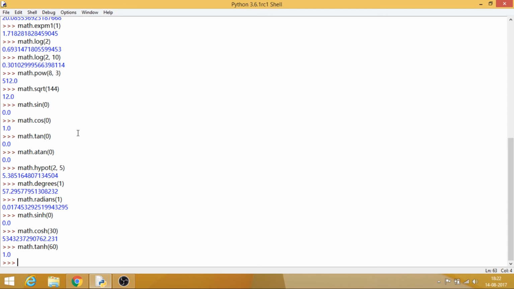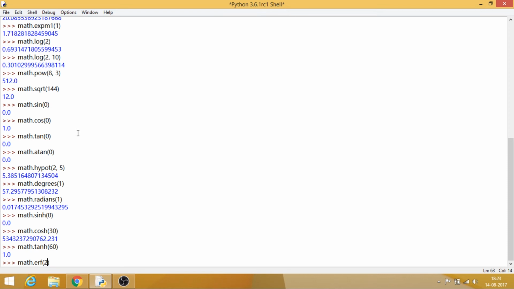Now the last thing I would like to discuss is special purpose functions. These are a little bit advanced, and the functions that I'll be using here are pretty much used in advanced mathematics. So something known as erf, which is the error function, and it takes one parameter, that is x.